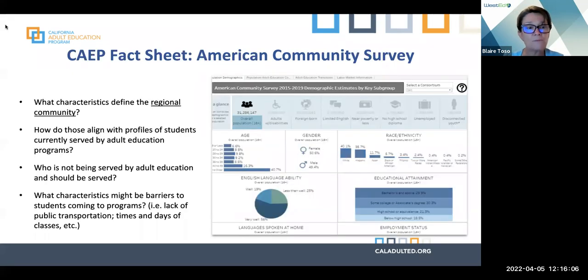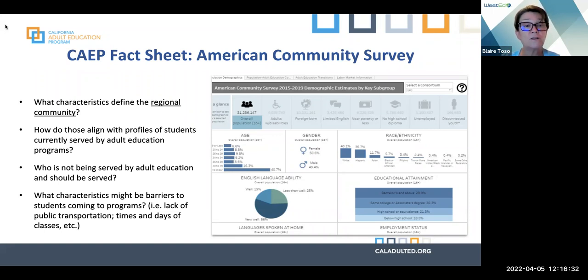Next slide, please. So then we also have the CAEP fact sheets, which has 5 types now. The first one is the American Community Survey. It did get updated with the most recent census data, which was really delightful, in order to provide you with more updated data as opposed to population data that was several years old.